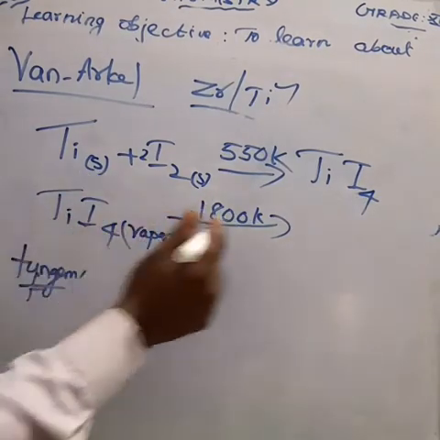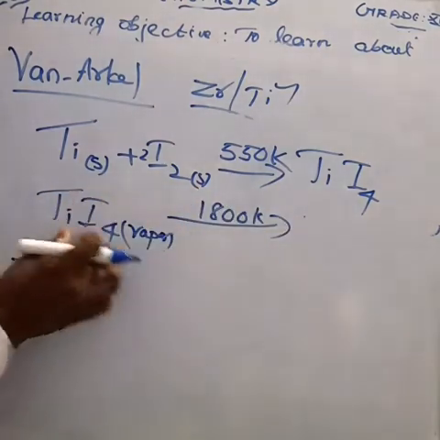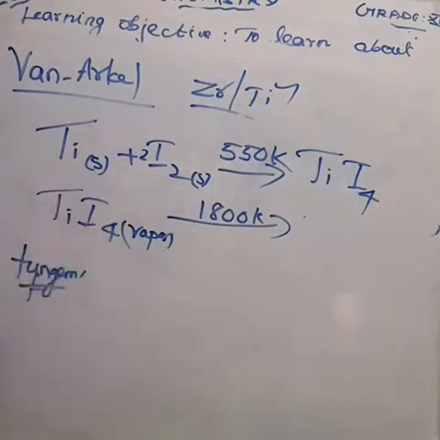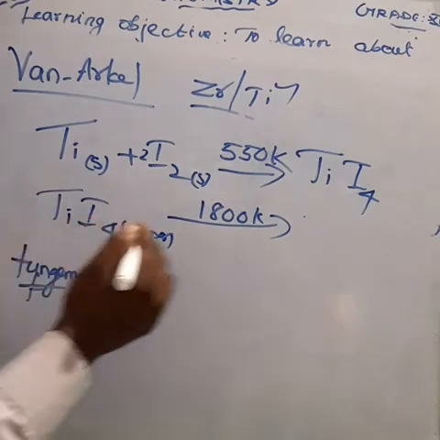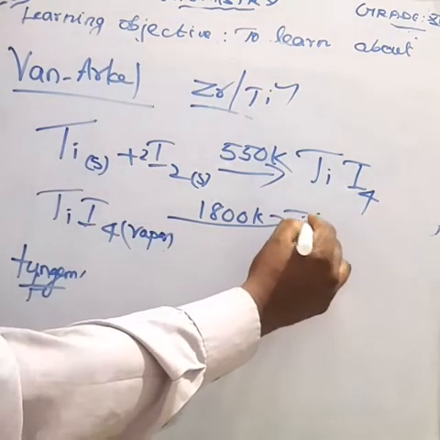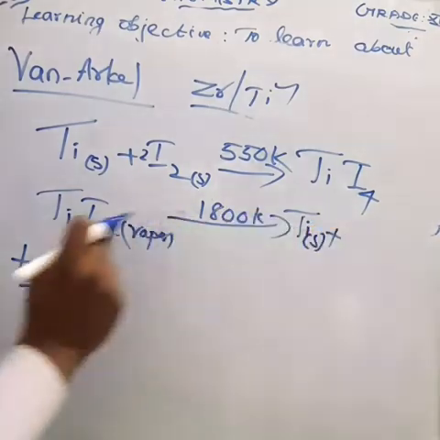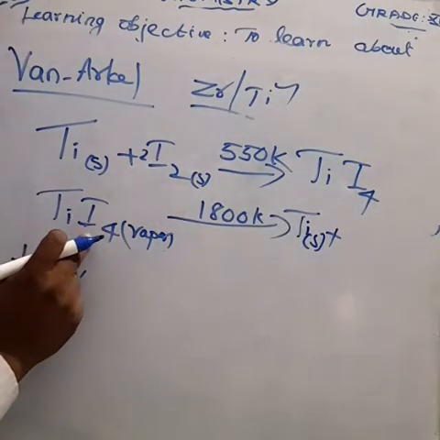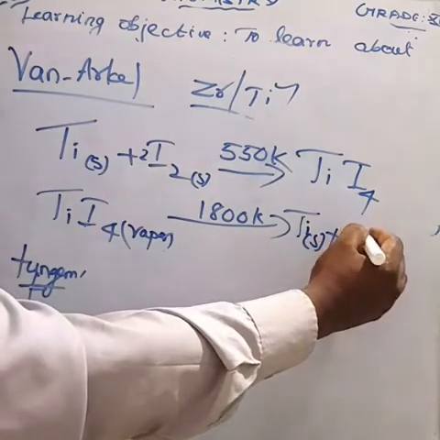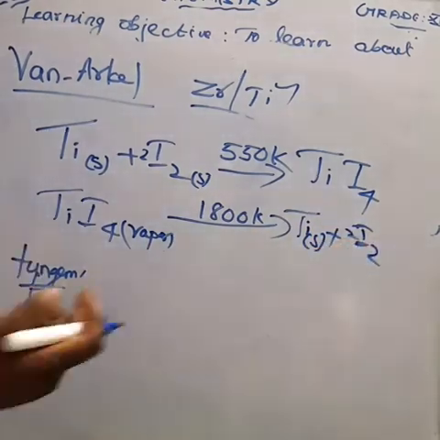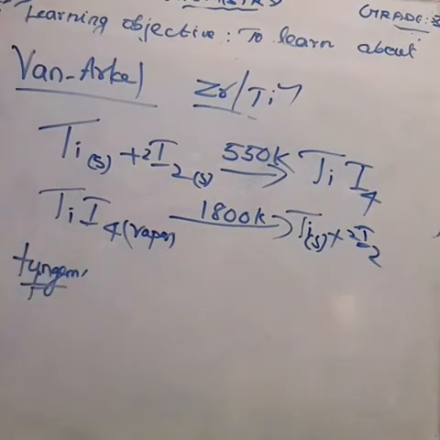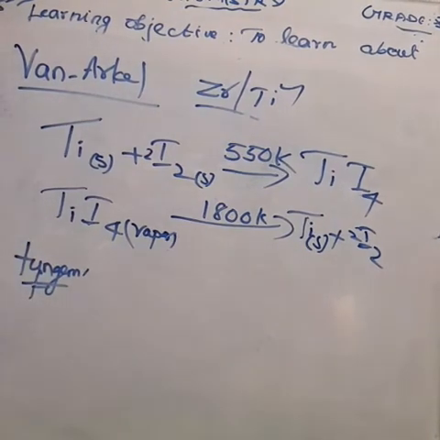Titanium tetraiodide decomposes to give pure titanium, Ti, a solid, and also we get iodine. The pure titanium is deposited on the tungsten filament.